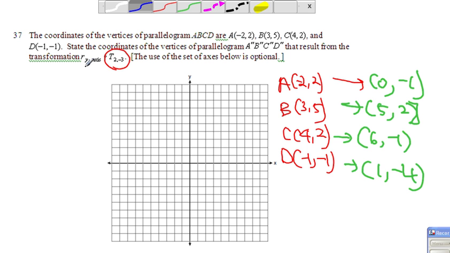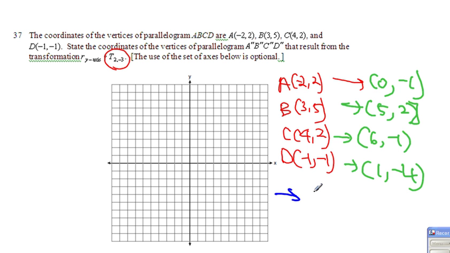Now, after this, we need to reflect it about the y-axis. In order to reflect it about the y-axis, what's going to happen is the y value stays the same, but x will be negative. So the first one becomes 0, -1. The second one, only x changed, so we have -5, 2.